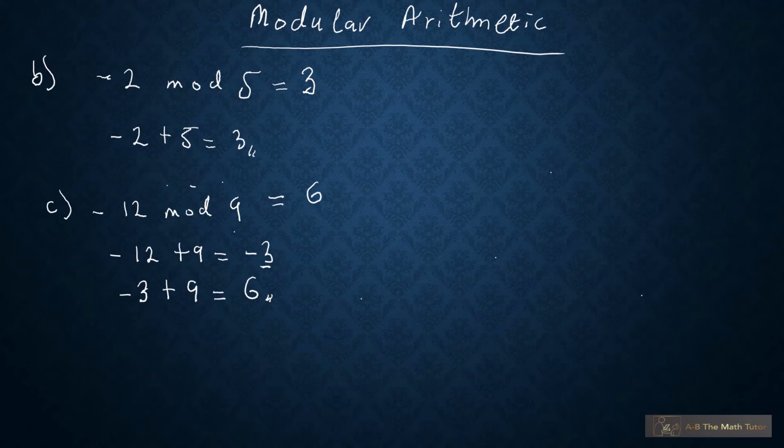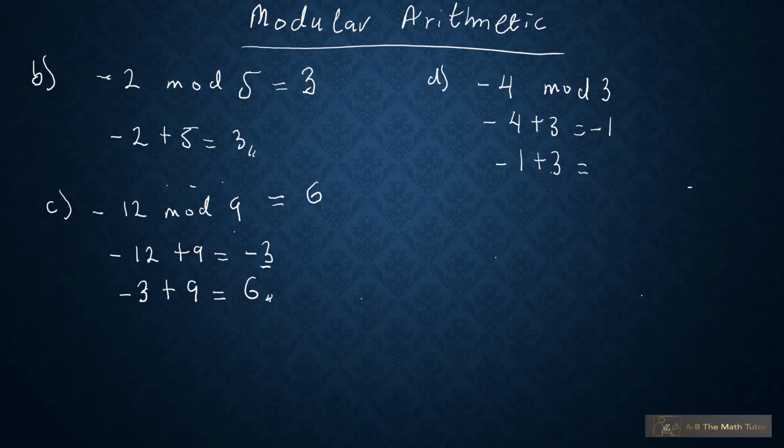In the same way, if you have negative 4 mod 3, you have negative 4 plus 3, which will give you negative 1. And when you add negative 1 to another 3, you'll get 2.